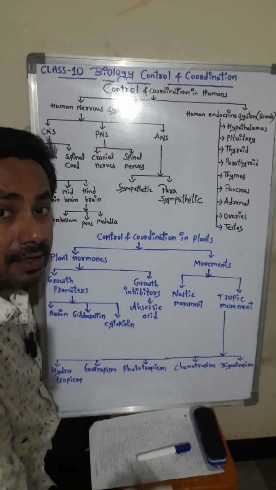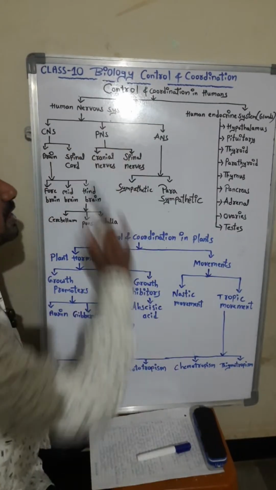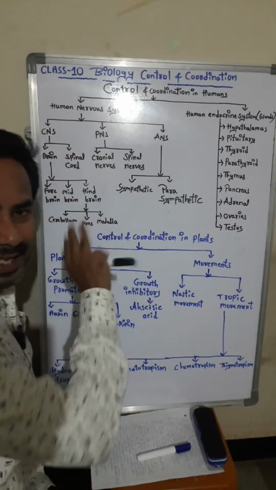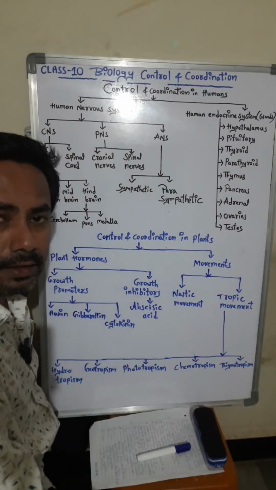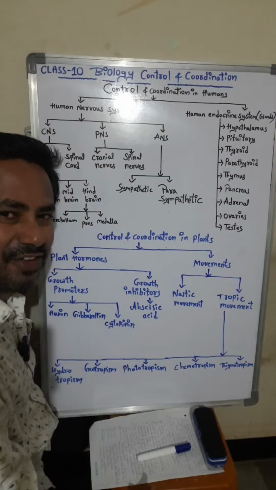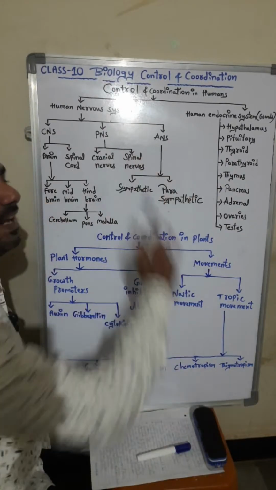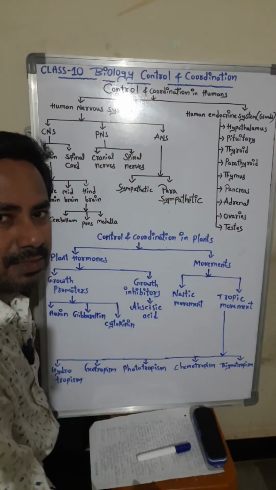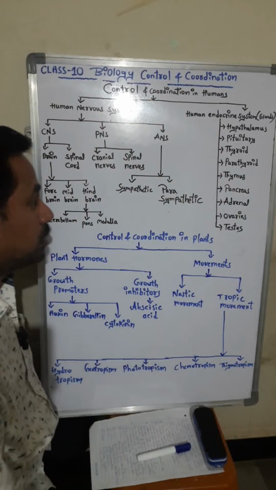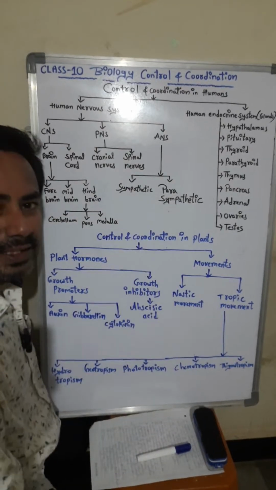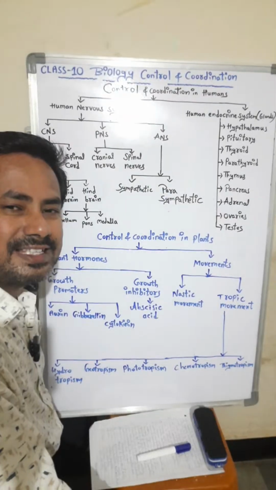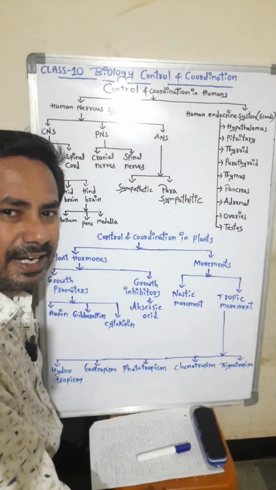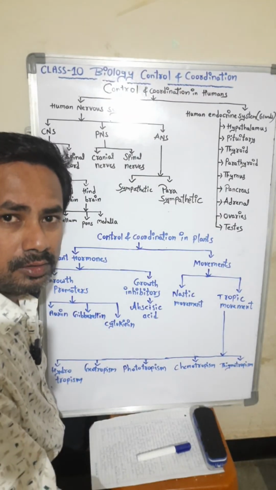PNS, peripheral nervous system. The nervous system in humans is divided into three: CNS, PNS, ANS. CNS, central nervous system; PNS, peripheral nervous system; and ANS is the autonomous nervous system. Automatically it is happening, students. Sympathetic, parasympathetic. We blink our eyes continuously, and we don't know.